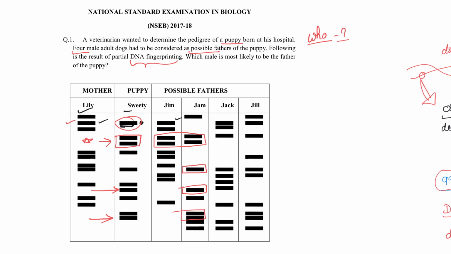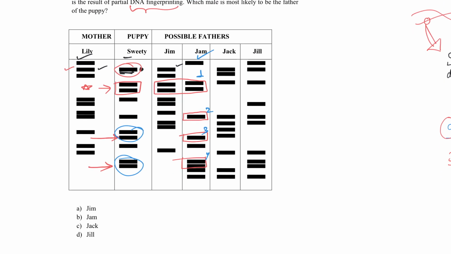But while in this position, let me mark the positions 1, 2, 3, and 4. Second, third, and fourth means that you can have more fragments, right? So we confirm Jam is the father because these fragments are there from Jam. So the correct answer for this question would be Jam.